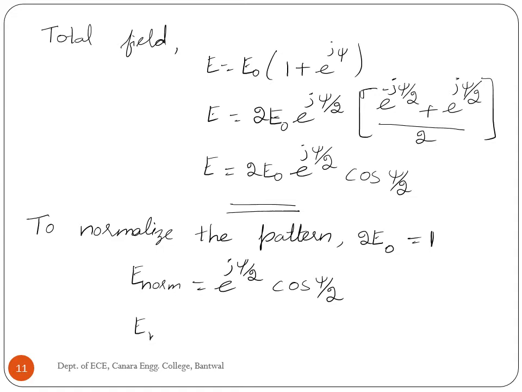Therefore, E normalized field is equal to cos xi by 2, angle xi by 2. Cosine factor gives amplitude variation of field E and exponential or angle factor gives phase variation with respect to source 1 as a reference.